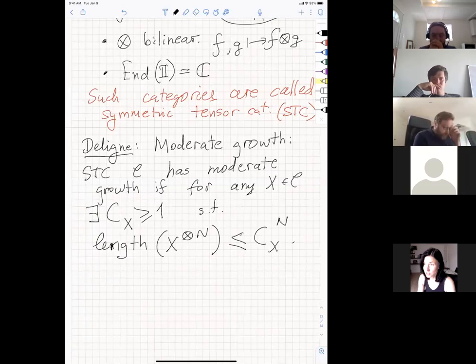So length means length of composition series. You should think of it, for example, a lot of the time these categories are semi-simple. In this case, this is just a direct sum of irreducible objects, and you count how many summands you have, and that number should not grow faster than exponential.